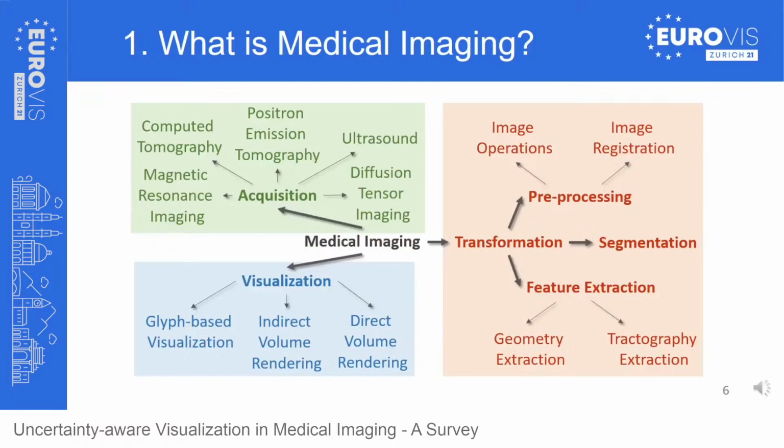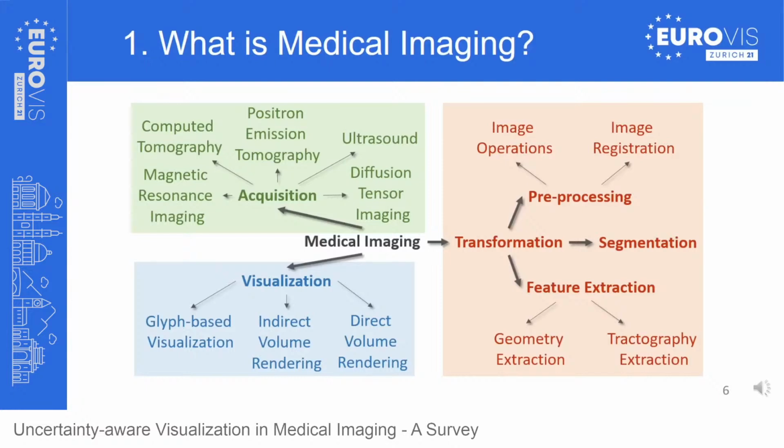So let's have a closer look at medical imaging and their subcategories. I already told you that there's acquisition, transformation, and visualization, but that's not everything. Those categories further separate. For example, acquisition can be done for computer tomography, positron emission tomography, ultrasound, and many other acquisition techniques.